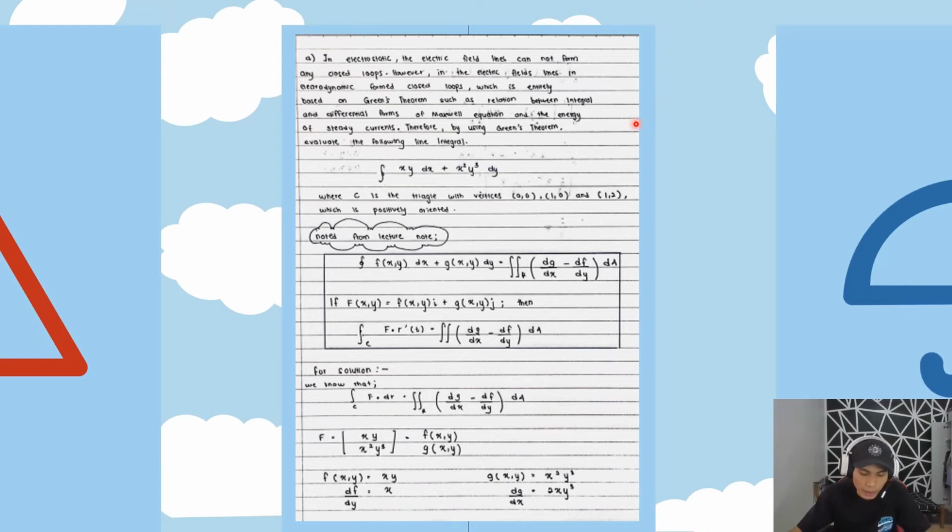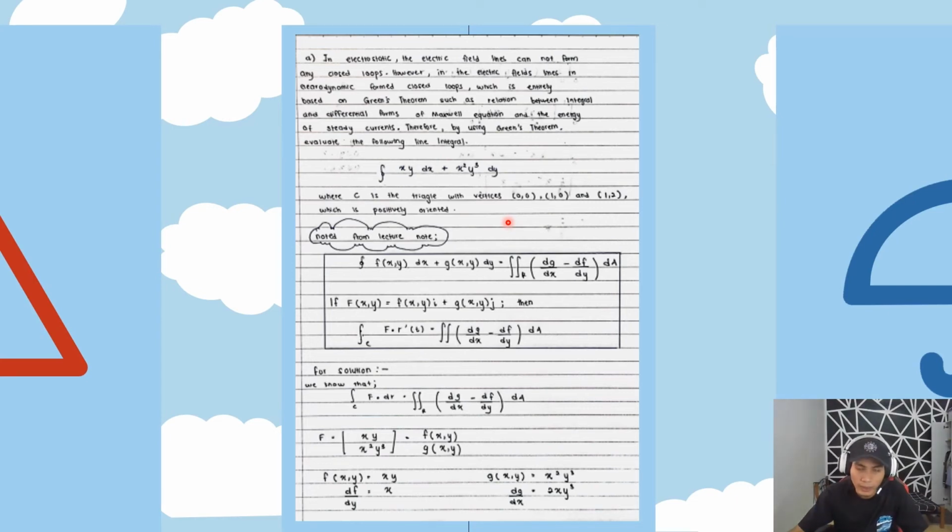Therefore, by using Green's theorem, evaluate the following line integral: the integral of xy dx plus x squared y cubed dy, where C is the triangle with vertices 0, 0, 1, 0, and 1, 2, which is positively oriented.